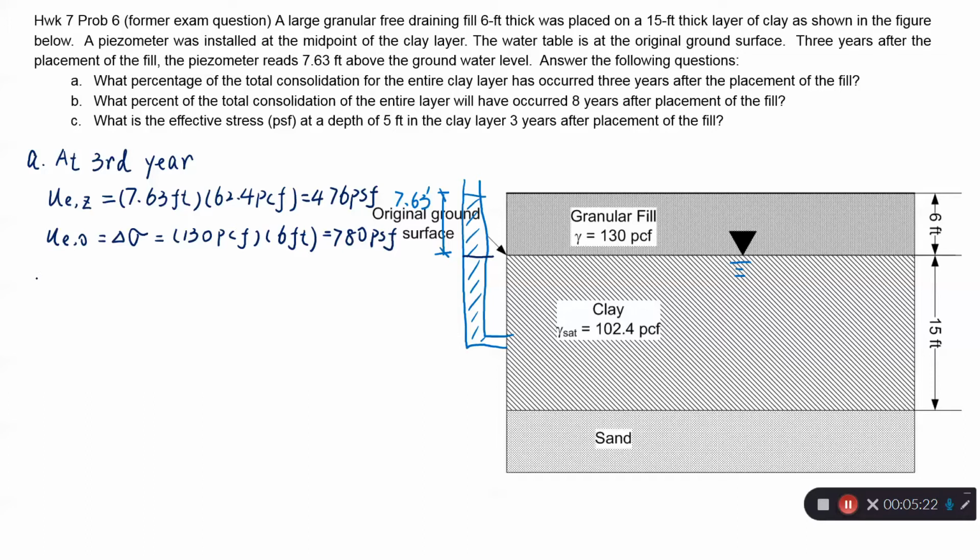From there we can calculate the consolidation ratio. So U_z equals 1 minus u_e over u_e naught ratio, so it equals 1 minus 476 over 780, which equals 0.39.